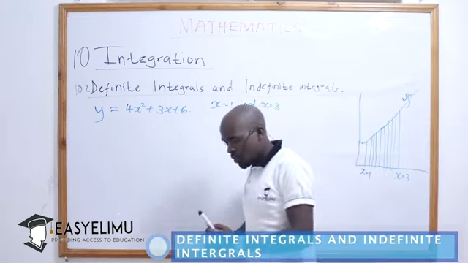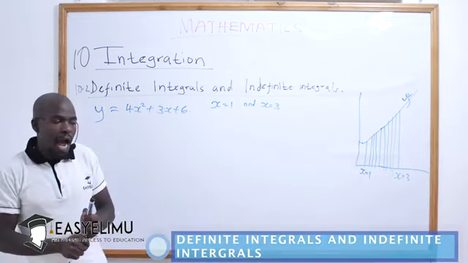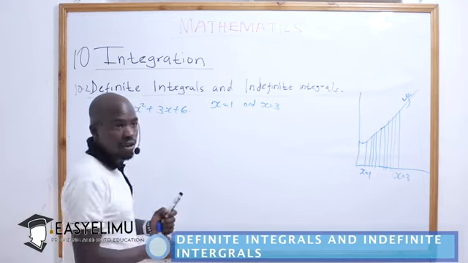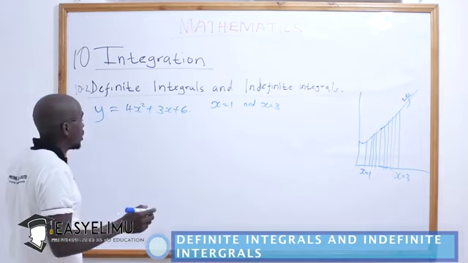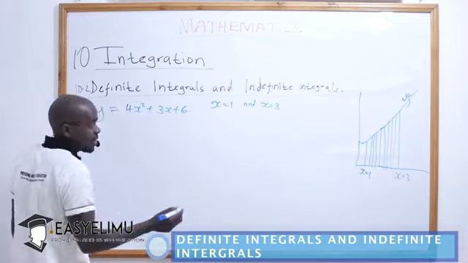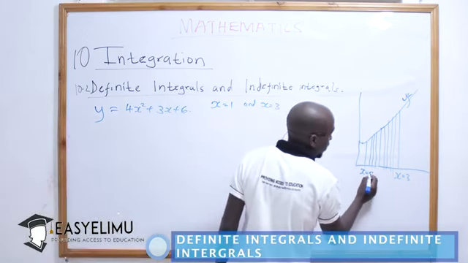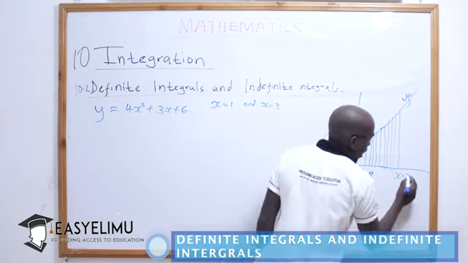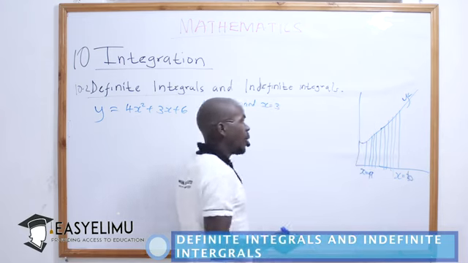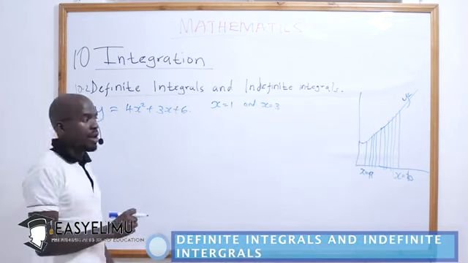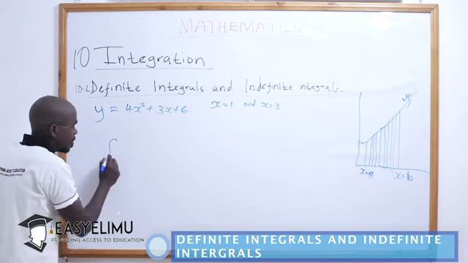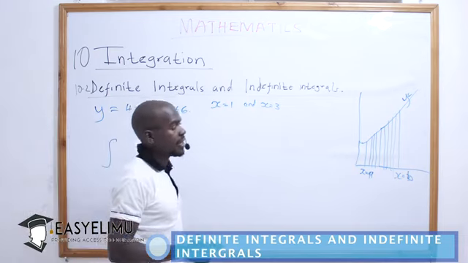But before that, we can find a definite integral when we have been given some kind of limit. Let's say this one is a and this one is b, and we need to find the area under that curve.